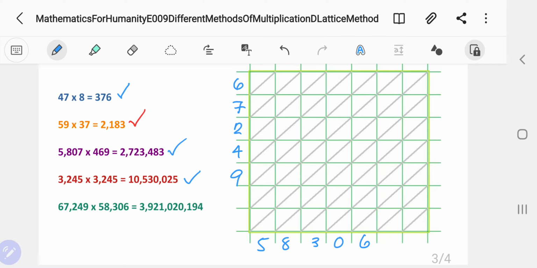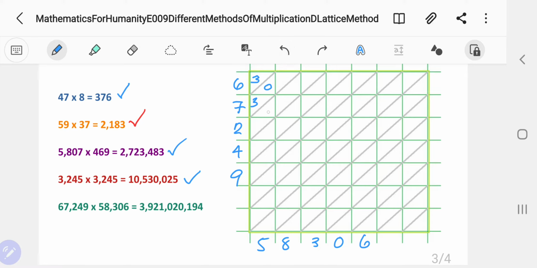So again, we multiply one by one. So 6 by 5 would be 30. Let's write it clearly. We have 30 here, and then 5 times 7 would be 35.